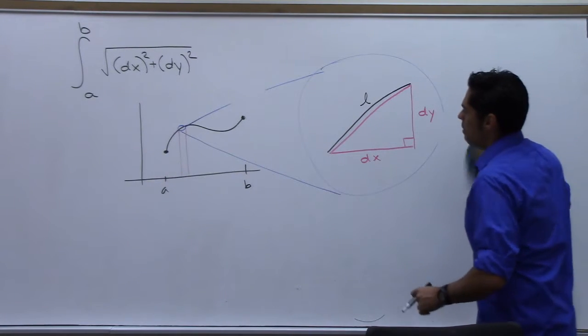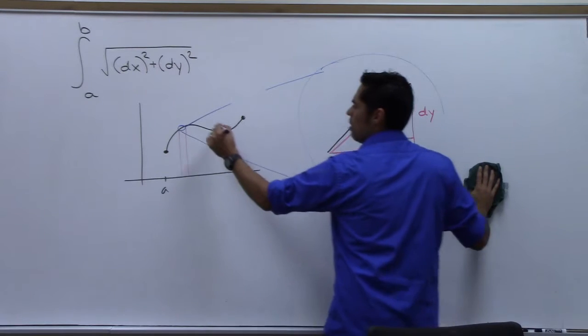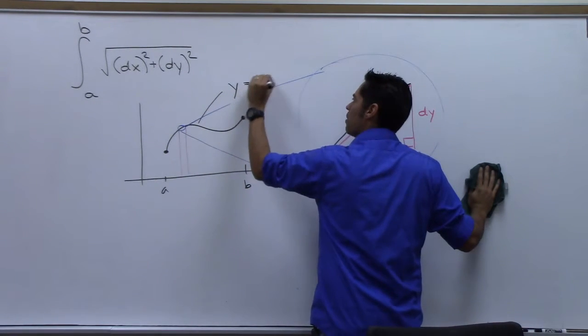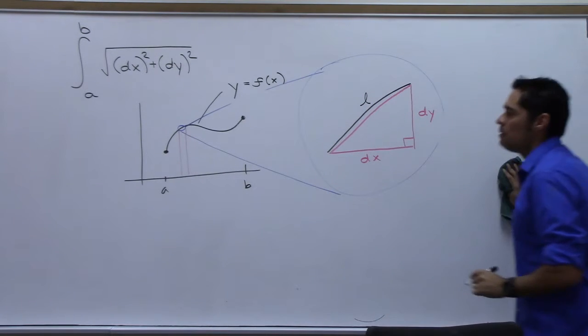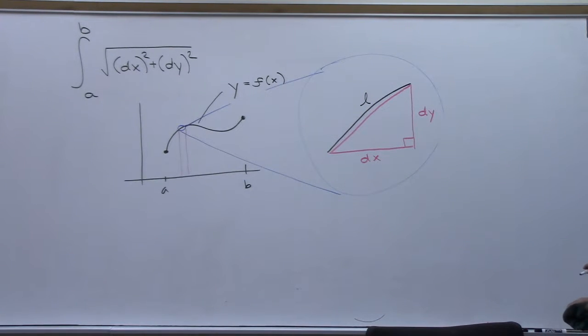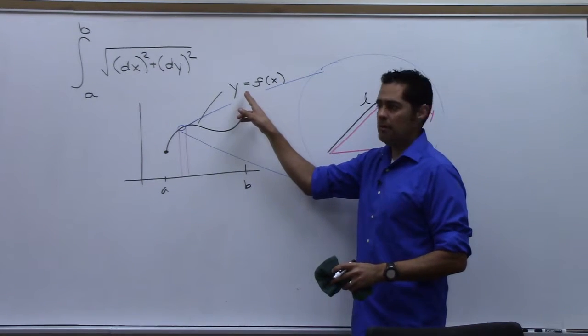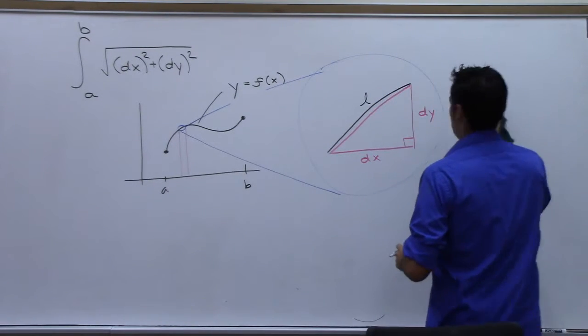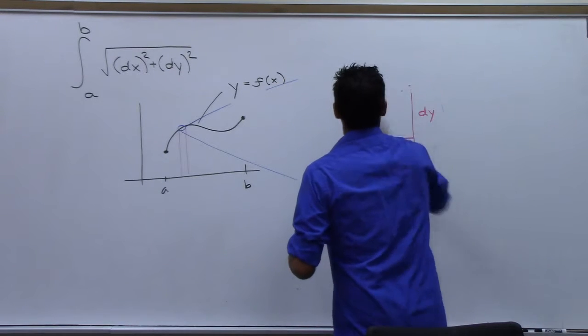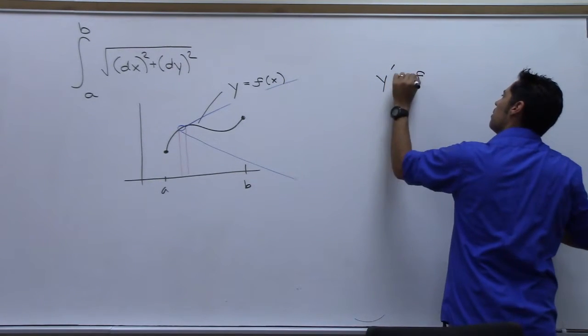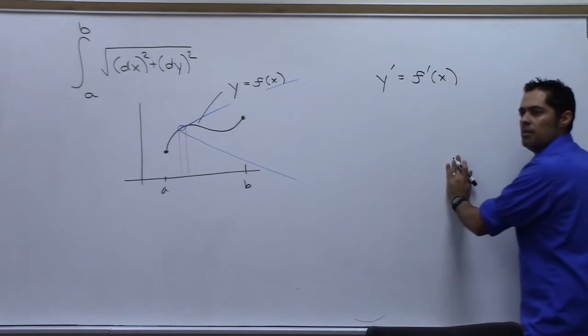Let's just remember that with this picture, we are assuming that this black curve is y is some function of x. Do you agree? Yes. And from Cal 1, if I asked you to take the derivative here, then you would write y prime equals f prime of x. Yeah?